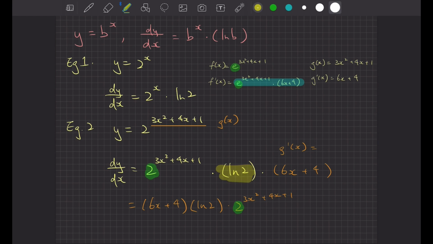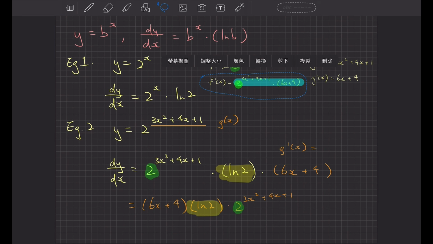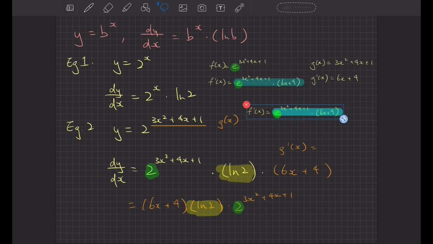What about the natural log of 2? Actually, they are also the same. Do you know why? It's because the natural log of e is equal to 1. So if you are multiplying f'(x) by natural log of e, you are multiplying it by 1. So although they look different, they are the same.